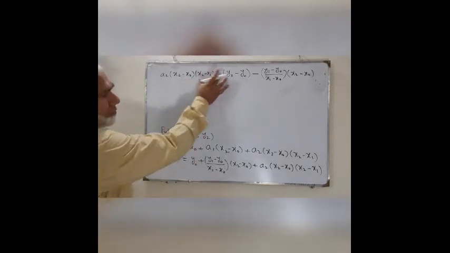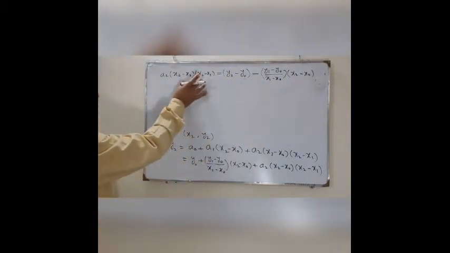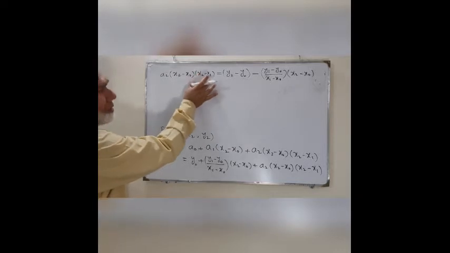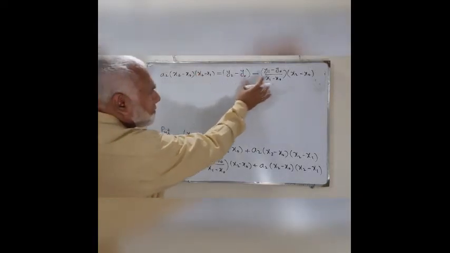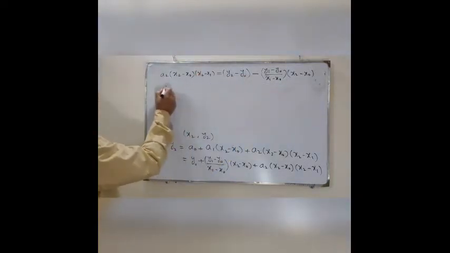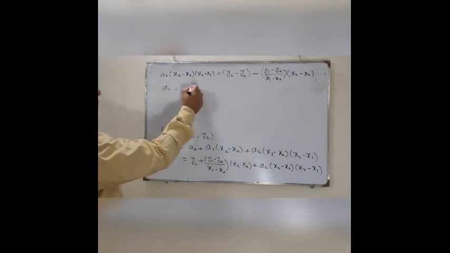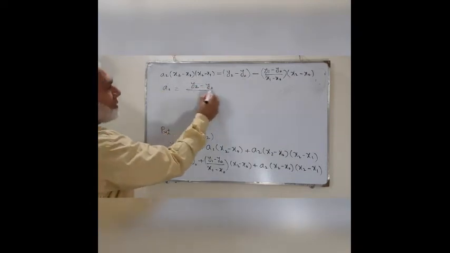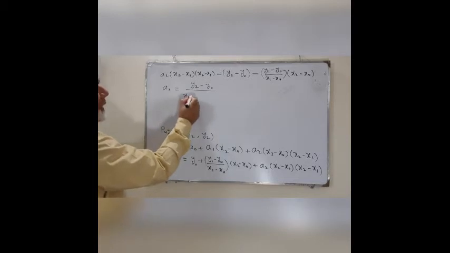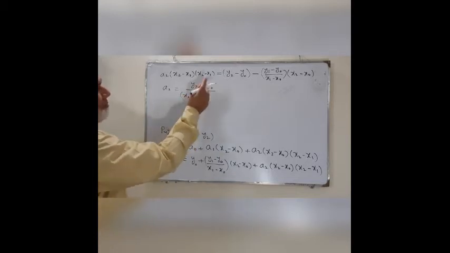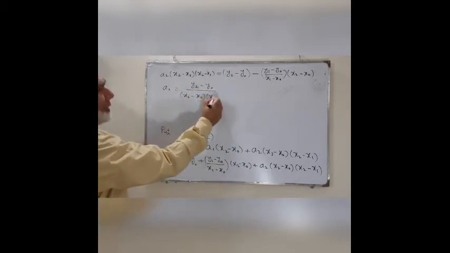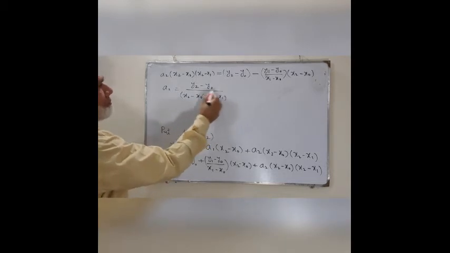Okay, after doing this, now I'm transferring these two terms to the right hand side, and whenever you shift them to the right side, they are going to divide this term as well as this. So here we get a2 is equal to y2 minus y0 over x2 minus x0, and the second term is x2 minus x1.